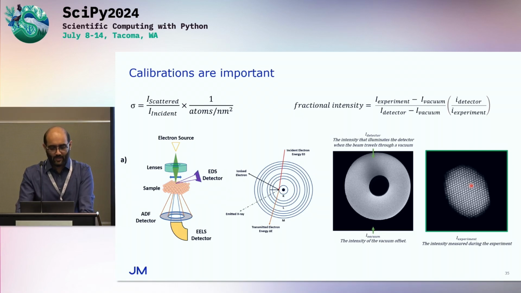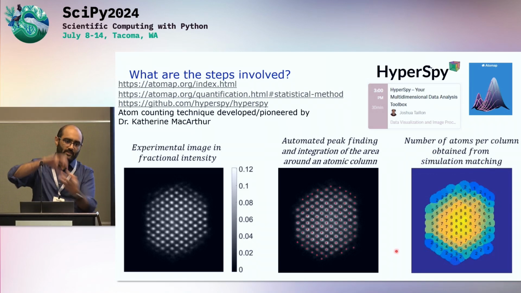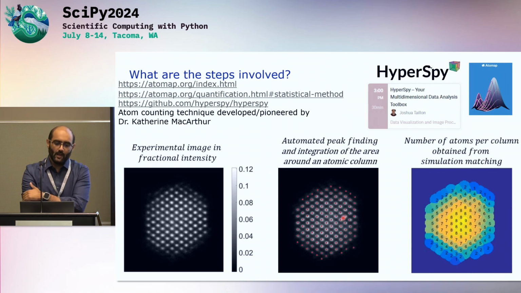And essentially, once you have that expressed in that manner, you can then do what we call atom counting, where you take your picture, apply 2D Gaussians to fit atomic positions, and then count the number of atoms per column that you're observing over here.